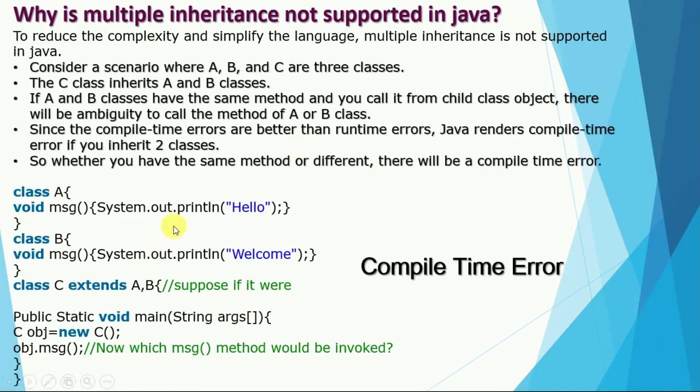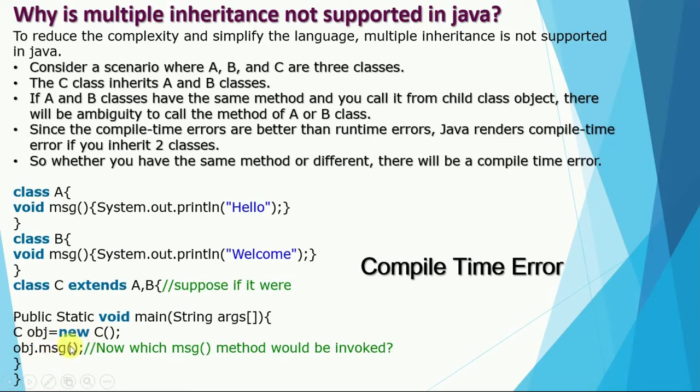Okay, so why is multiple inheritance not supported? We already discussed what the actual problem and purpose are. So let's take an example. We have a class A, class B and class C. Child class C is trying to extend both classes A and B, so we can say class C has two parent classes A and B. Okay, so in the main method we create an object and call the default constructor of C, but we are trying to call the message method.